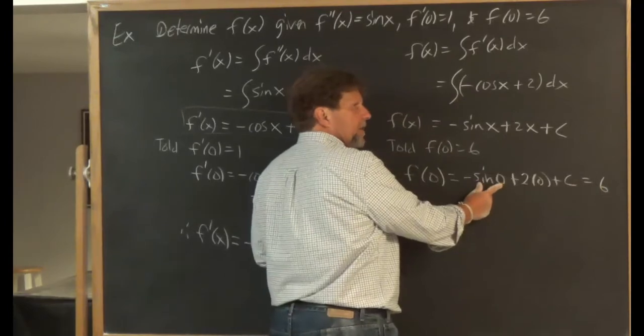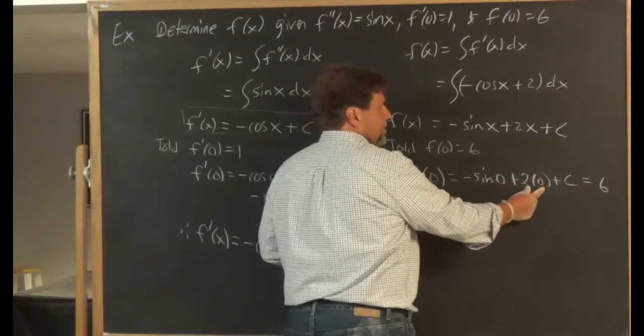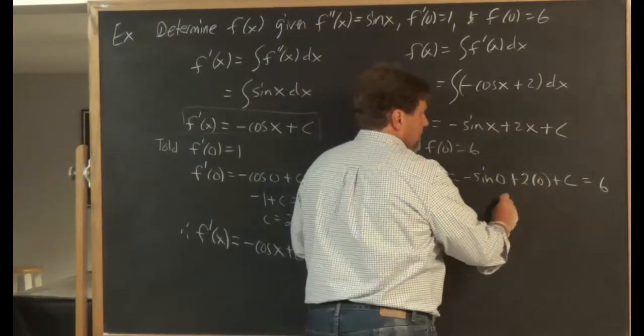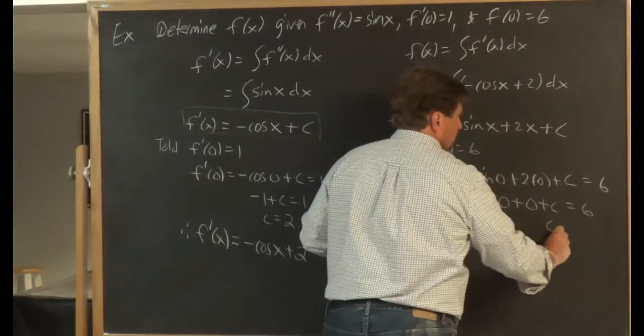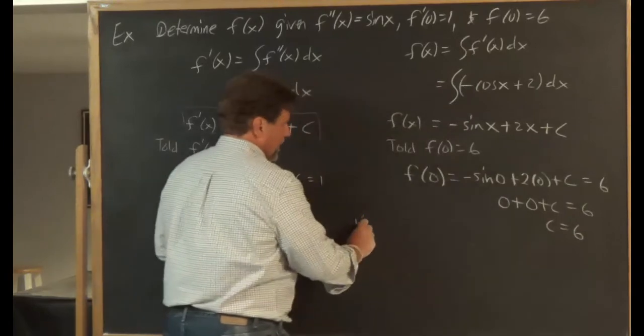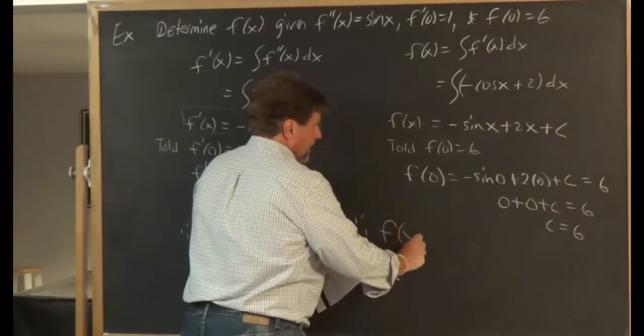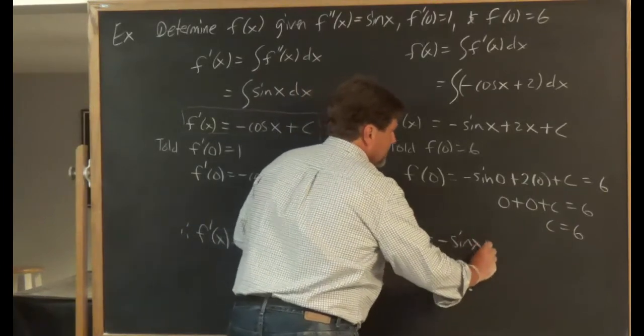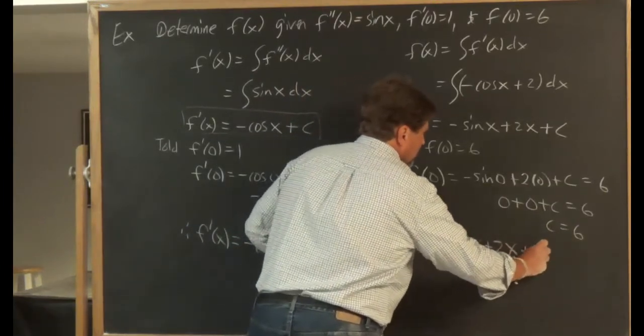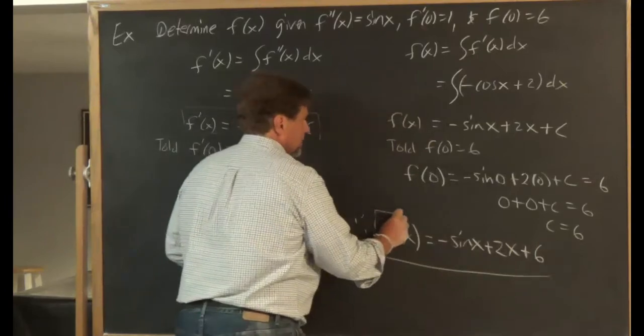So sine of 0 is 0. 2 times 0 is 0. So we have 0 plus c equals 6. C equals 6. So we have finally determined that f of x is negative sine x plus 2x plus 6.